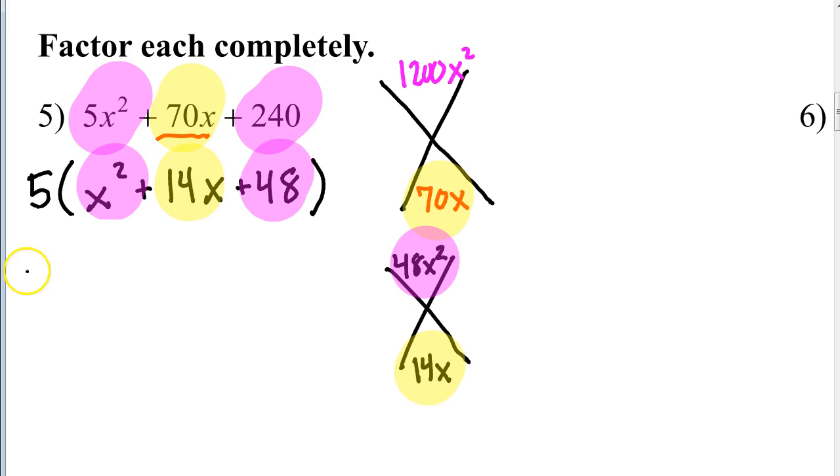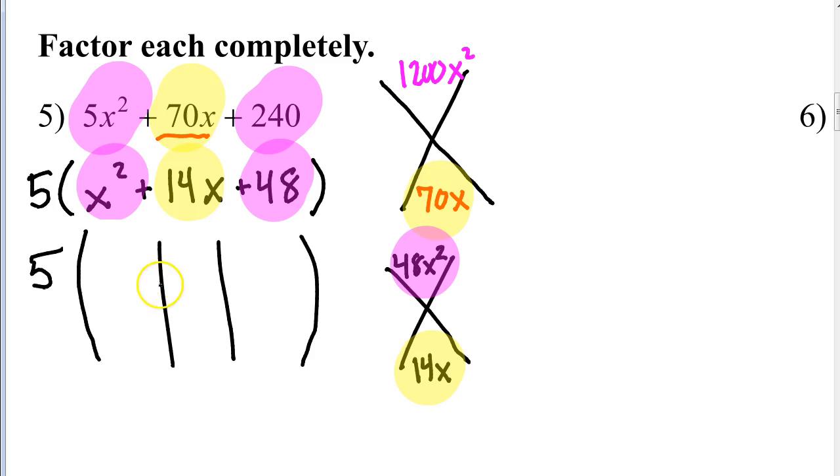All right, so then you choose the method that you want to do. Let's say you just want to do grouping or do the box. Now you see I put this in parentheses because I don't want to forget about that 5.